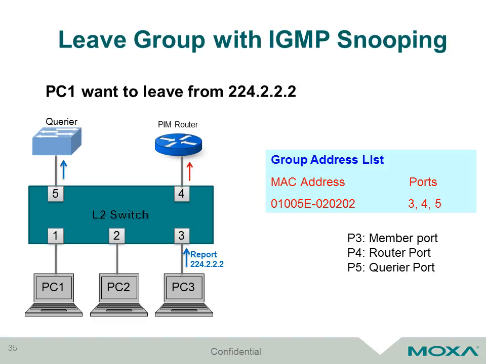Whoever is left in this group will send back a membership report to indicate there are still members in this group. In this case, PC3 sends out a report to the querier to indicate PC3 is still in this group.